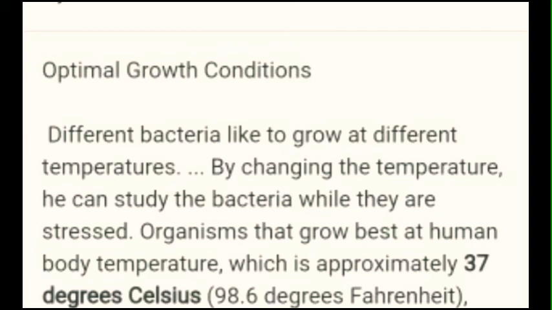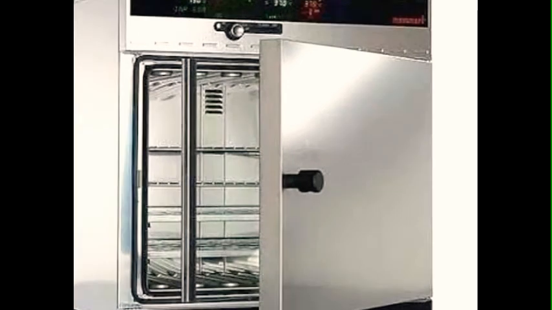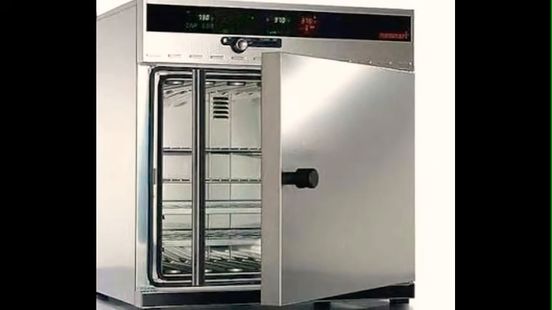So that's why we need the 37 degree temperature, because our body has this temperature. So many types of bacteria can grow easily in our body. That's why the incubator is set at 37 degrees Celsius.